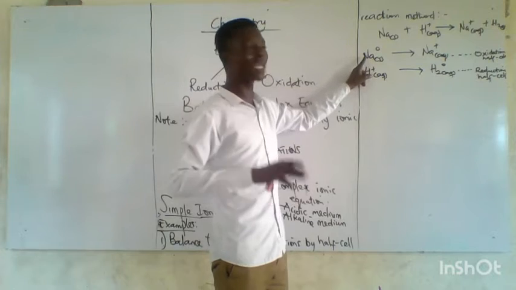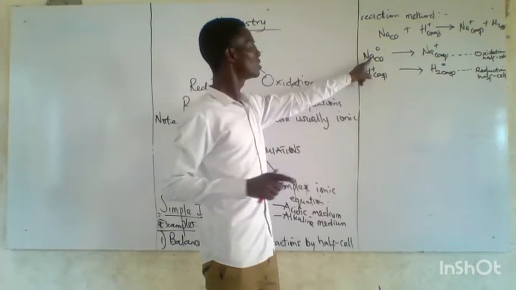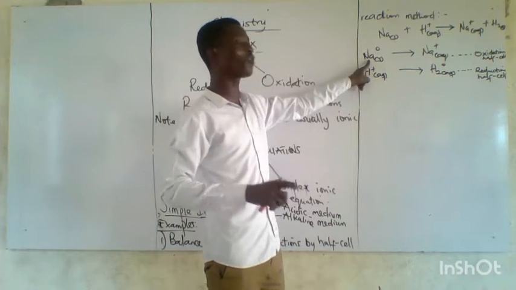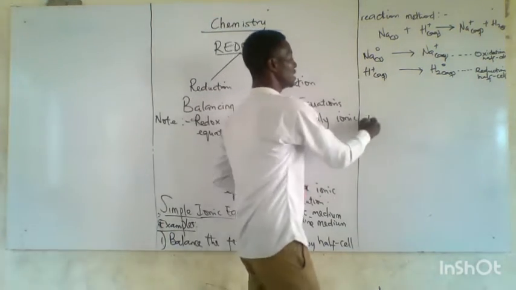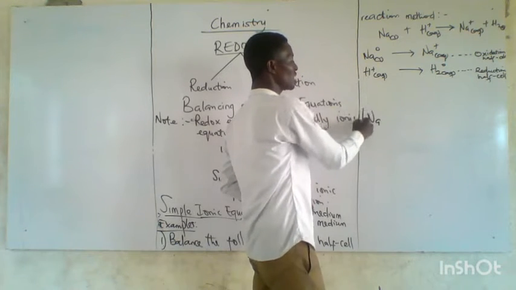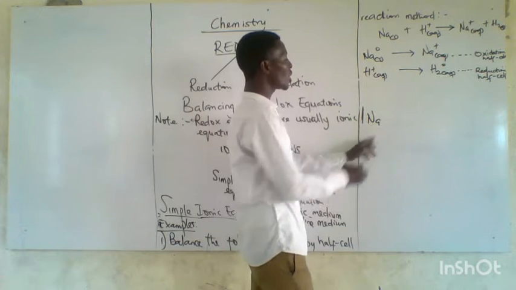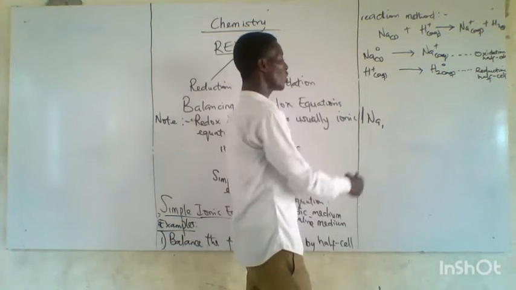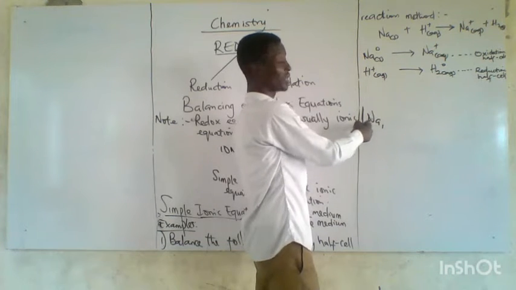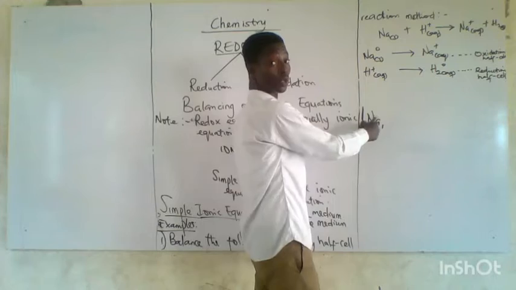So the atom is telling you, how many sodium do I have here? How will I identify the number of atoms here? The number of atoms here is just 1. How? This sodium has an invisible number of 1, and for subscripts, it also has an invisible number of 1. So I will calculate the number of atoms by multiplying these two numbers to get the number of sodium here.